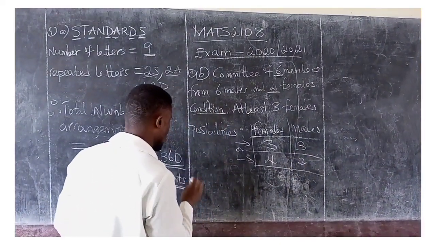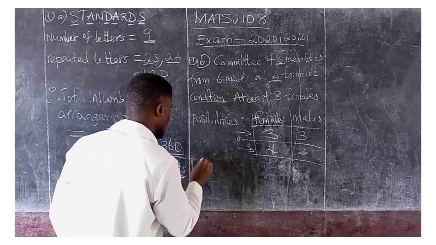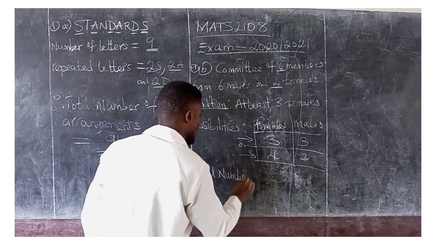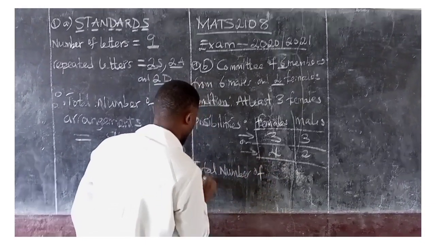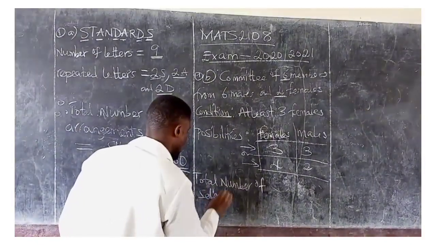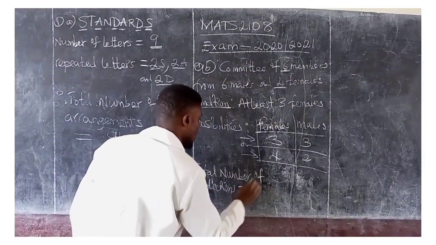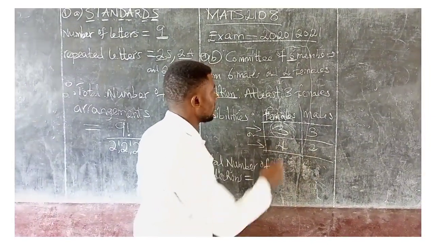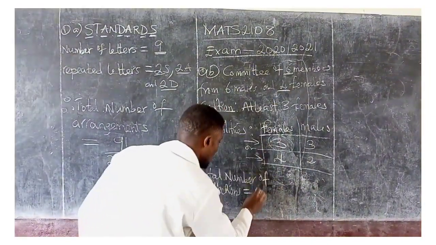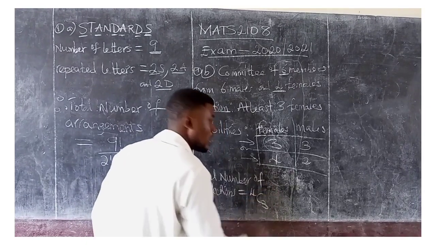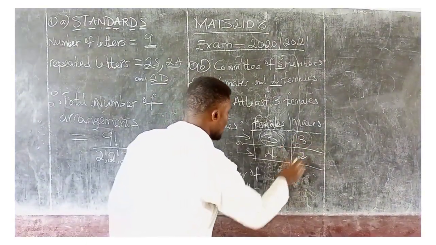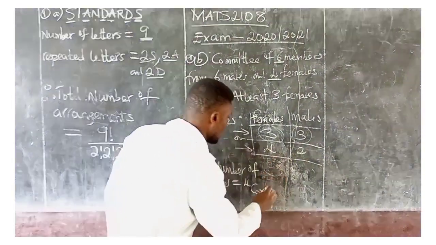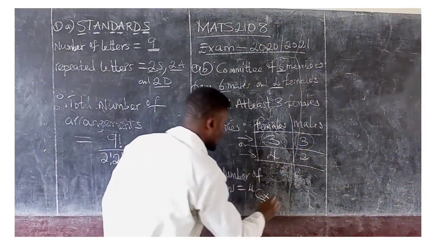We are going to have that the total number of selections is equal to, we are going to select 3 females out of how many? Out of 4. In 4 combination 3 ways, and, multiplication, 3 males out of 6.